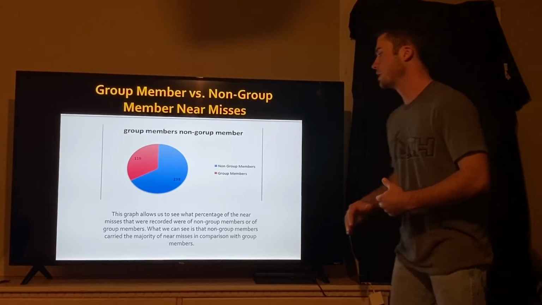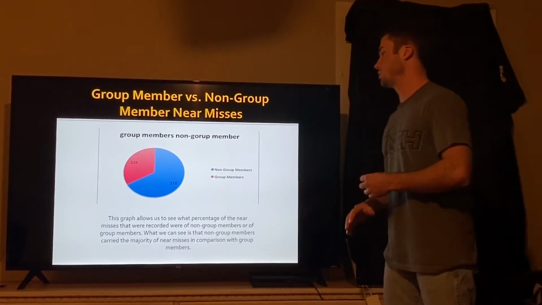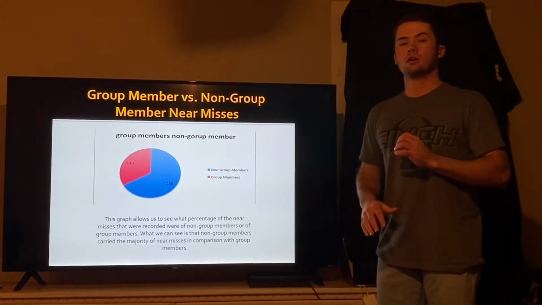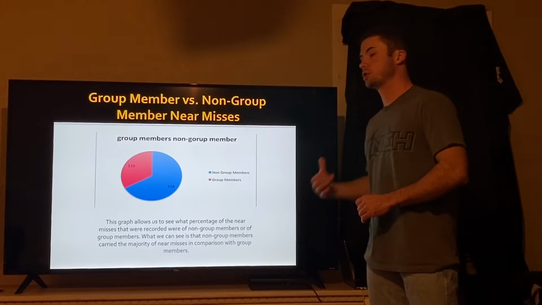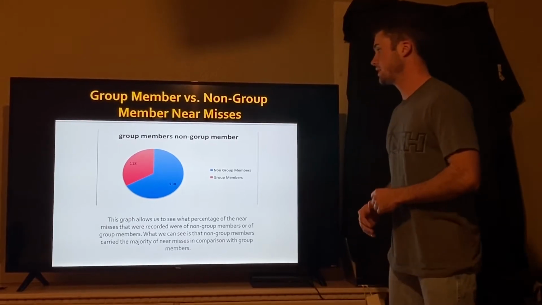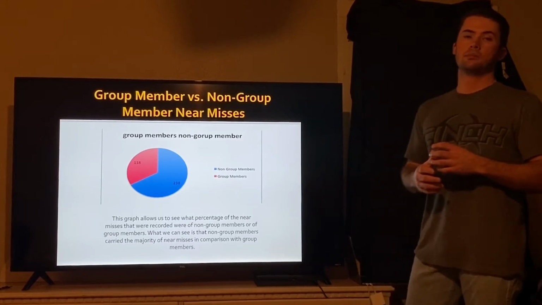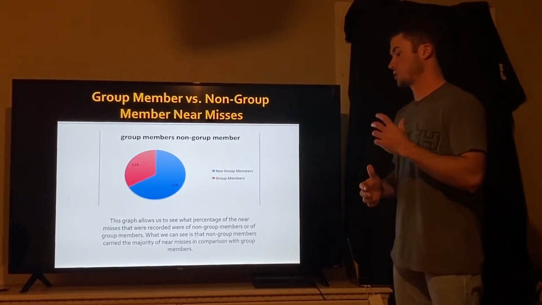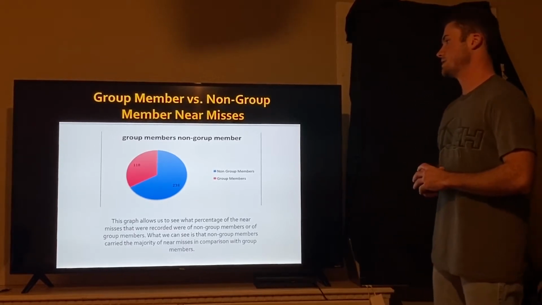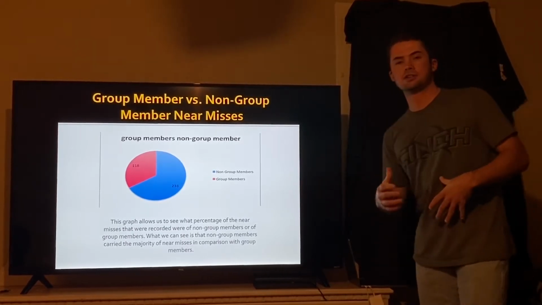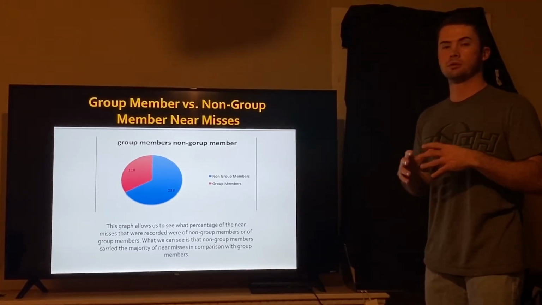As you can see here, in our non-group member section, which is the blue section on the pie chart, we had 238 near misses reported, and then in the red section we had 118 group member near miss reports recorded from the data. That's what we get to see from this graph. All in all, this allows us to see non-group member to group member what was going on.